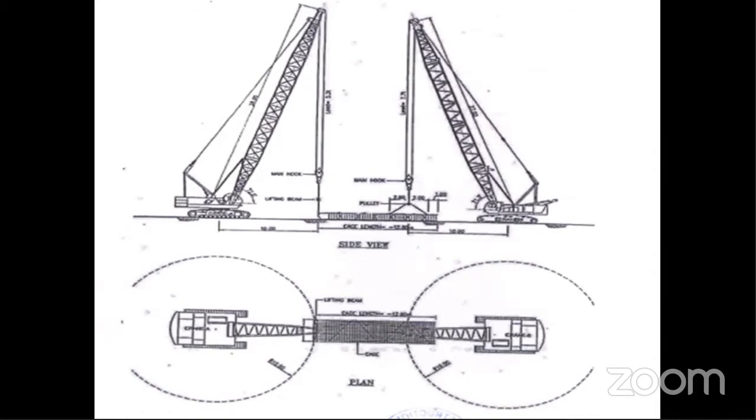Care should be taken while lowering the cage, and proper cover block should be provided. If you are not providing the cover block properly, what will happen in the future? While placing the D wall, sometimes the reinforcement might get touched with the soil inside the trench.